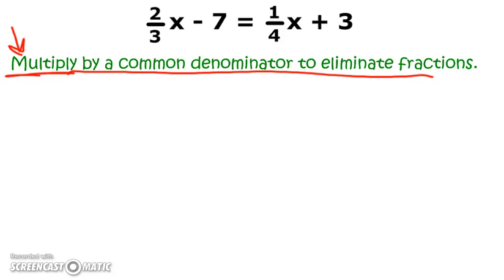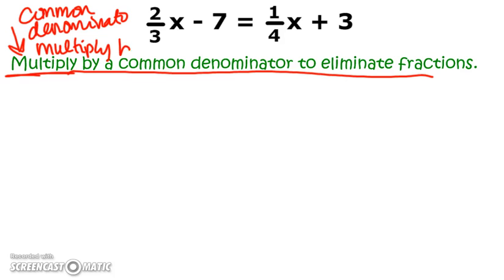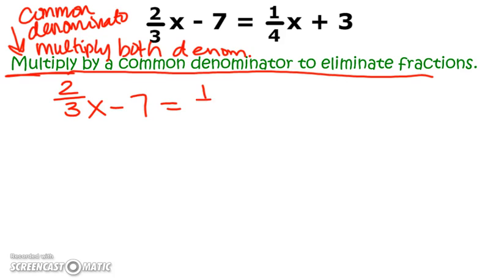To find a common denominator, multiply both denominators. All right, so if our equation is 2/3 x minus 7 equals 1/4 x plus 3, multiply 3 times 4, so that equals 12.